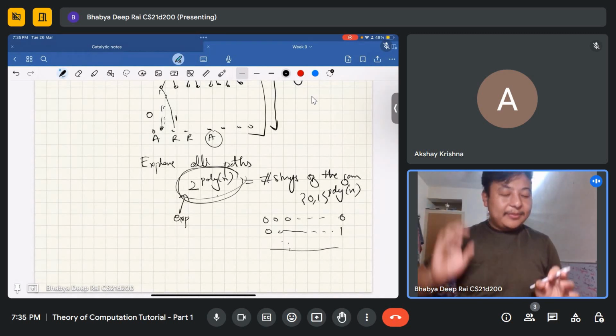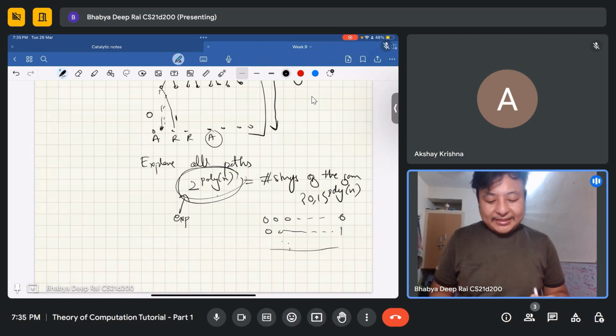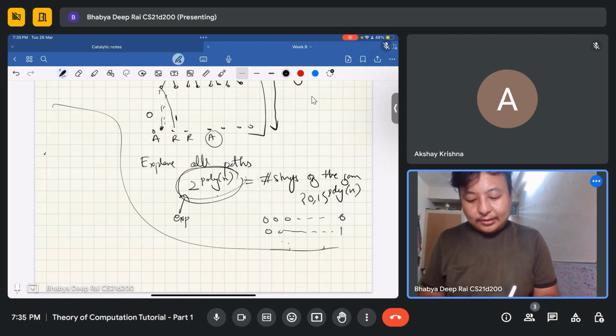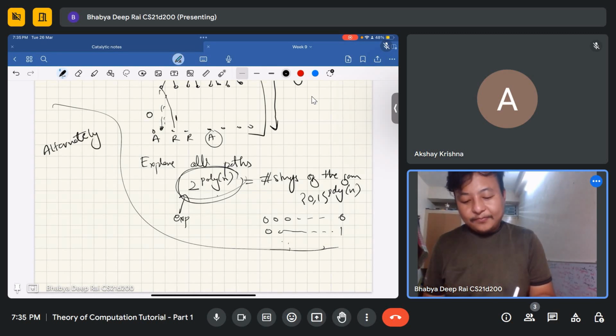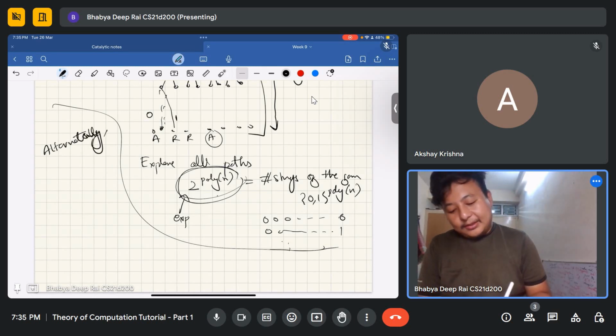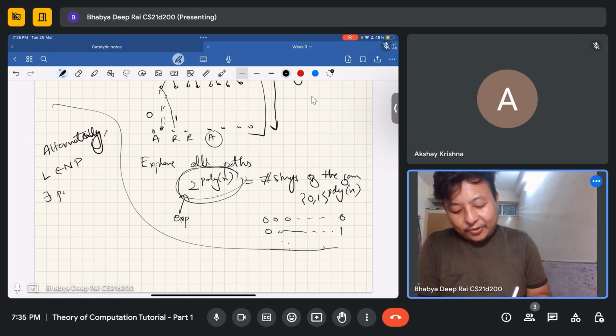The other way to interpret it is, remember that I said that a language L is in NP, okay, means that there is a polynomial size... Alternatively, L is in NP means that there is a polynomial size certificate that can be verified in polytime.